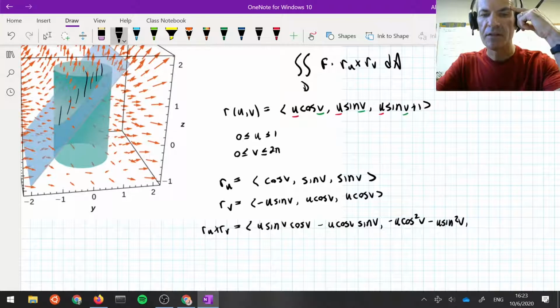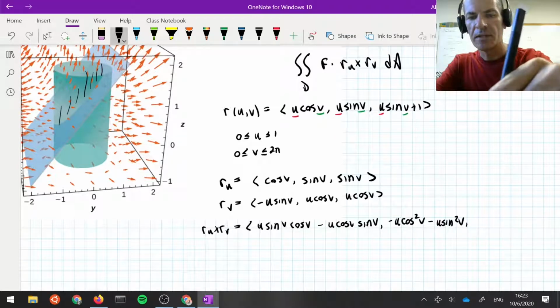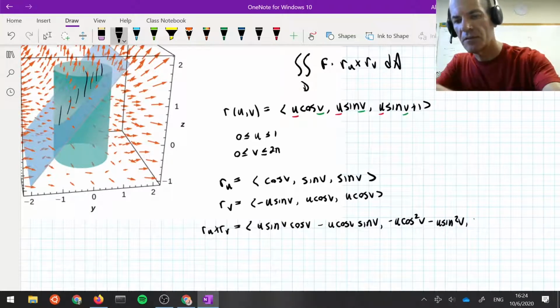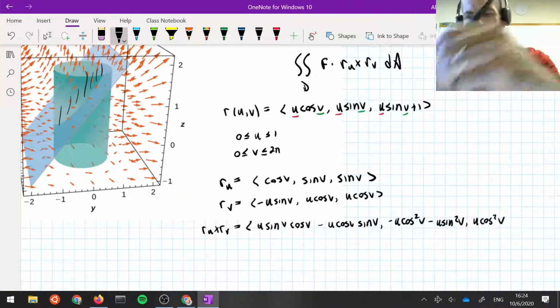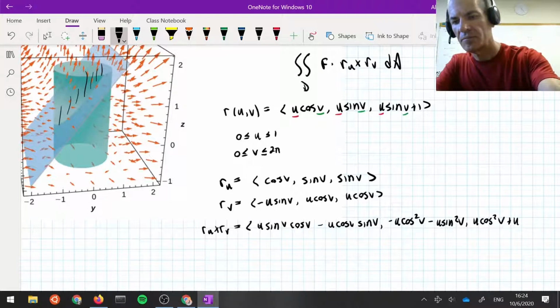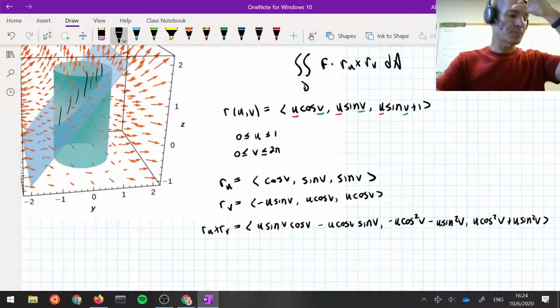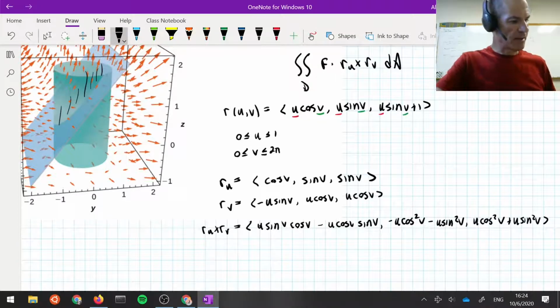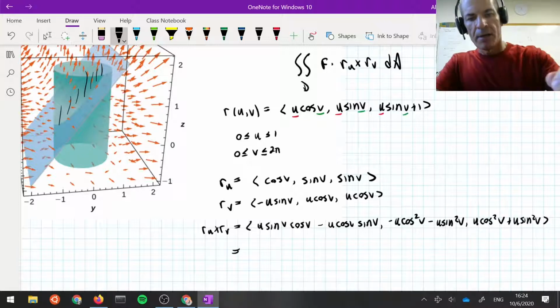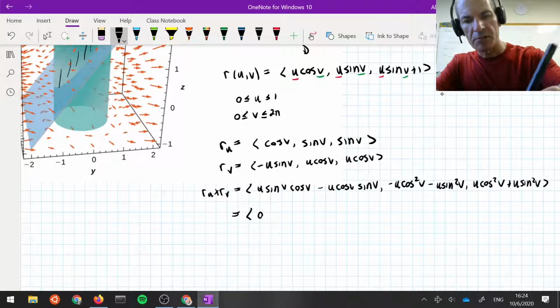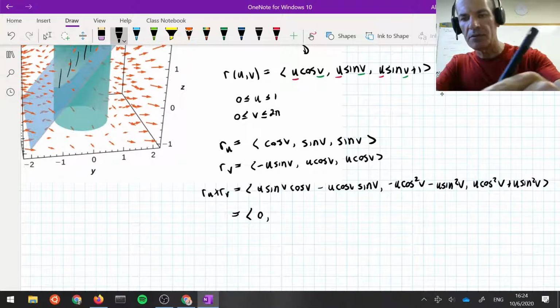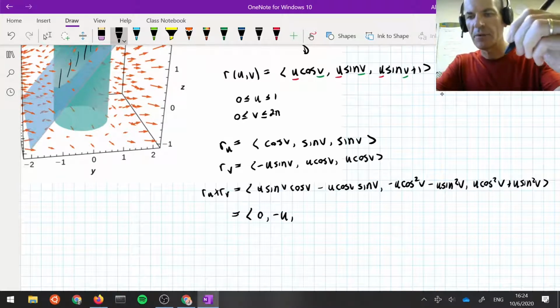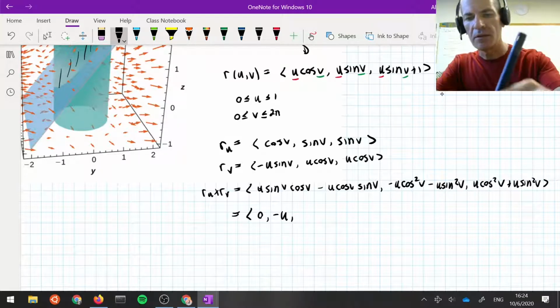And last, the third component, we get u cosine squared v plus u sine squared v. Let me check my notes to make sure I haven't misled you. The first component simplifies to 0, the second component simplifies to negative u, and the third component simplifies to u.